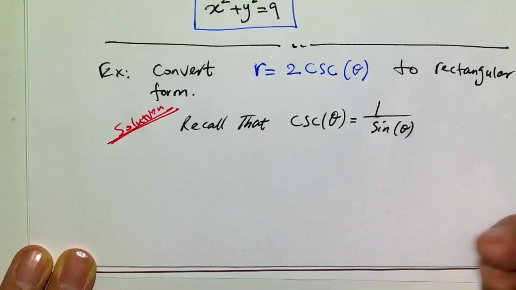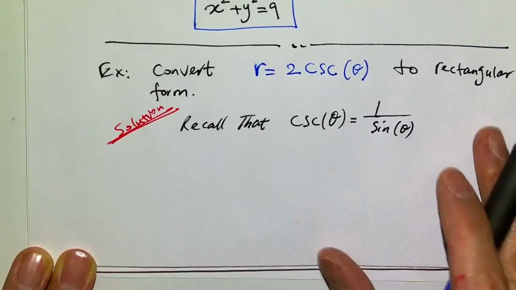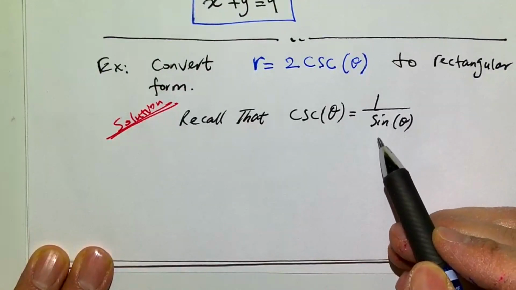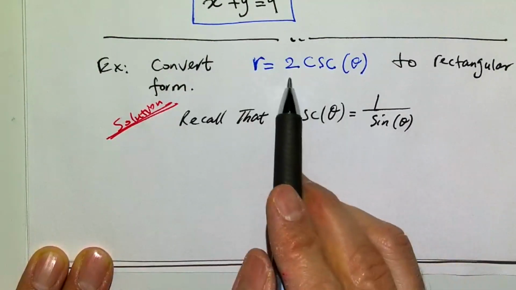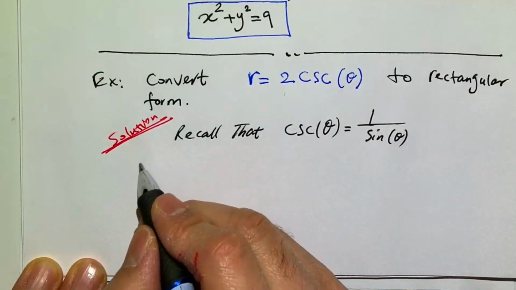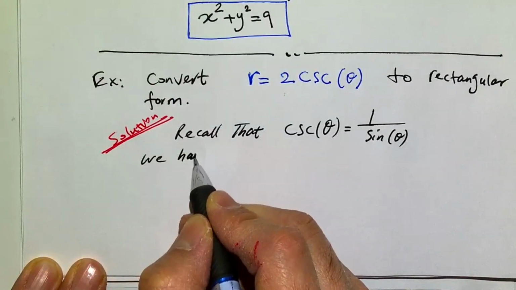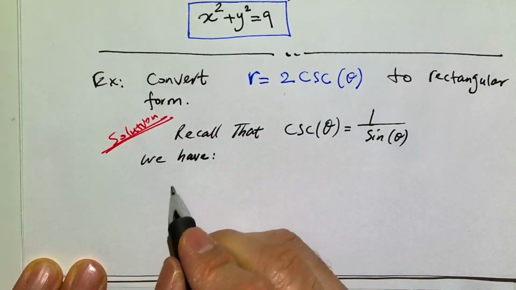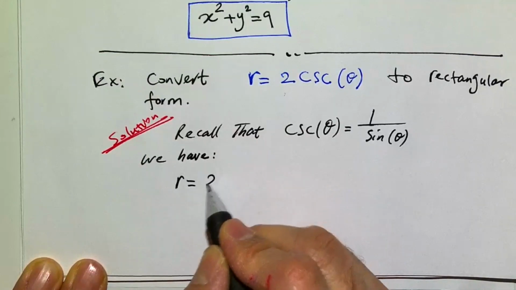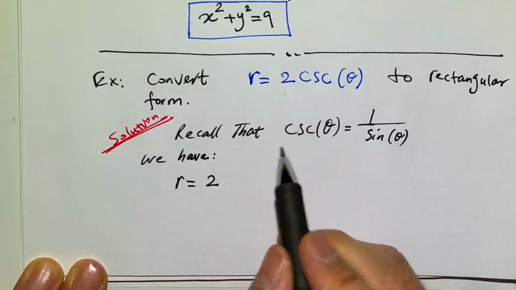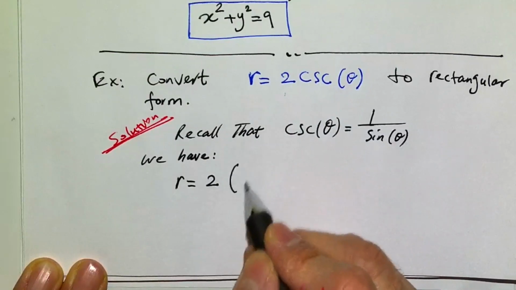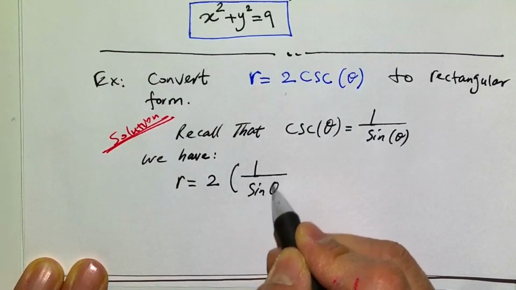Sine is the reciprocal of the cosecant function. So knowing that, let's plug that inside here. So we have r equals 2. I'm just substituting in here with its equivalent. 2 times 1 over sine theta.